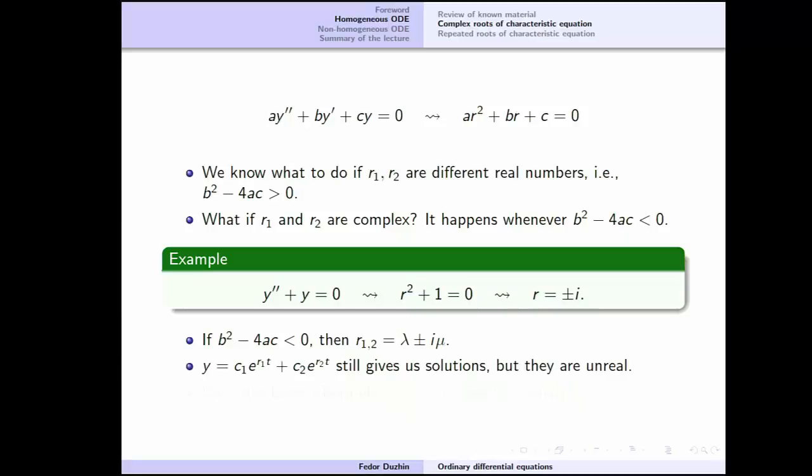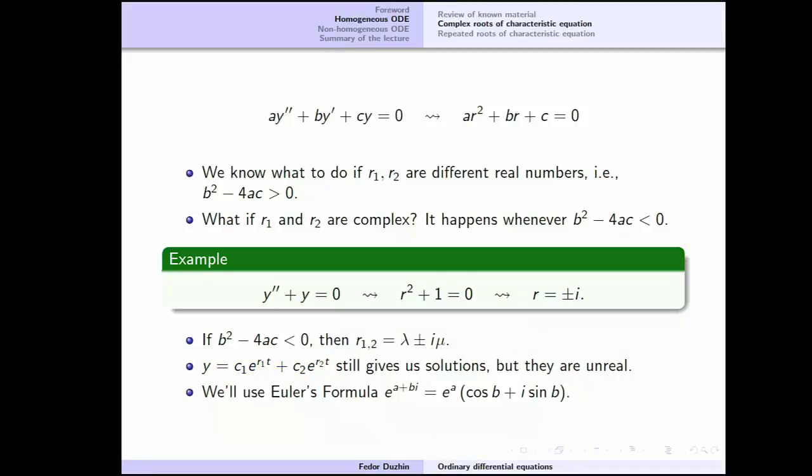So all the formulas are still going to be valid. In other words, we are still going to have a solution of the form a linear combination of two exponential functions, only now the two exponential functions are going to be complex valued.